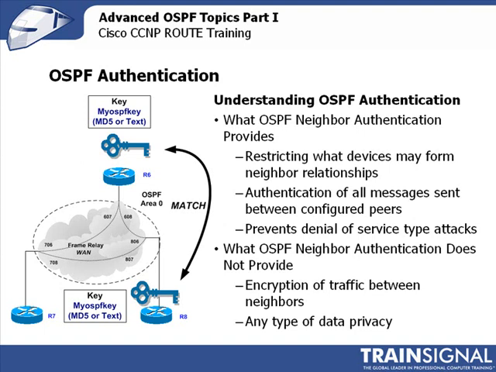It wasn't intentional, but you can see that if OSPF authentication had been used in that instance, that could have been prevented. So it restricts what devices can form neighbor relationships.